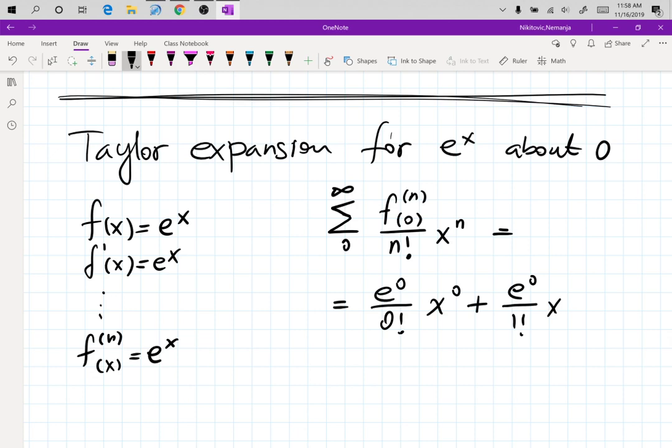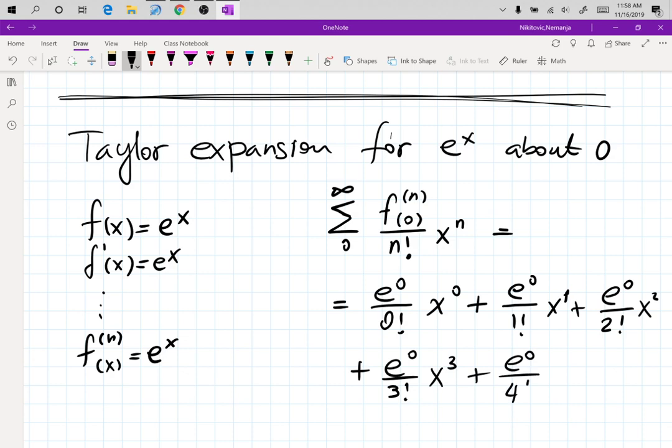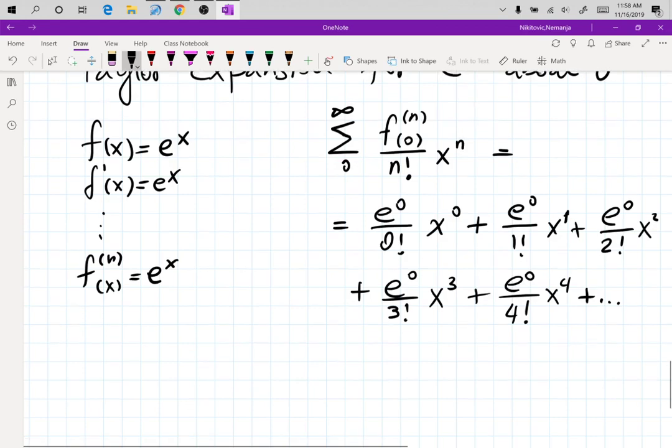Then e to the 0 over 1 factorial x to the first power, plus e to the 0 divided by 2 factorial x squared, plus e to the 0 over 3 factorial x to the 3, plus e to the 0 over 4 factorial x to the 4th, plus dot dot dot.